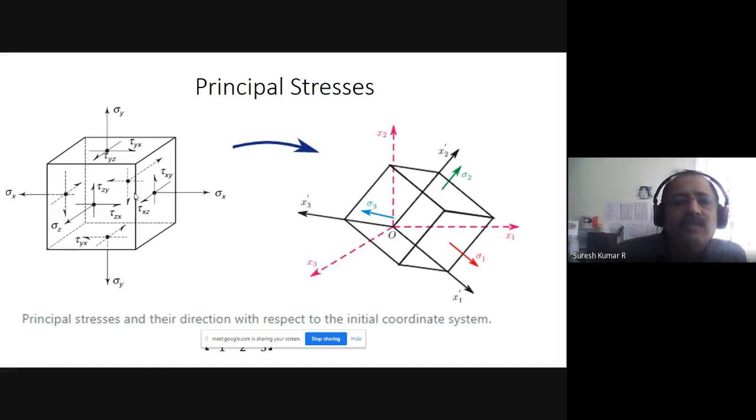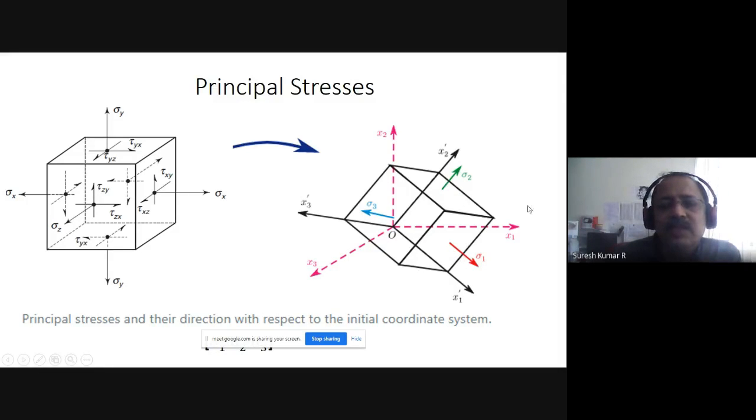Now, when I go on varying the orientation, at some particular orientation, all the shear stress components will become 0 and we will be left with only 3 normal stresses. You can see here 3 normal stresses, sigma 1, sigma 2 and sigma 3 is what we call them.